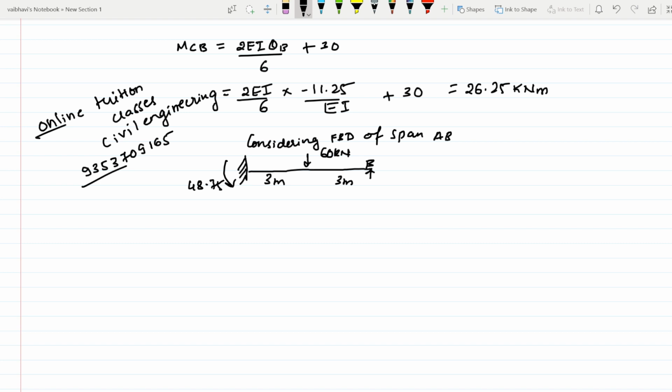This is B, this is A. So it is 37.5 kilonewton meter. This is RA.